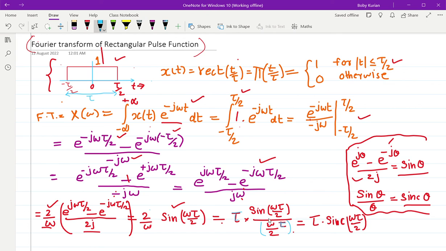Now this is of the form sin of omega tau by 2 divided by omega tau by 2, into tau. Sin theta by theta is equal to sinc theta, so it is sinc of omega tau by 2 into tau. This is the Fourier transform of the rectangular pulse function.